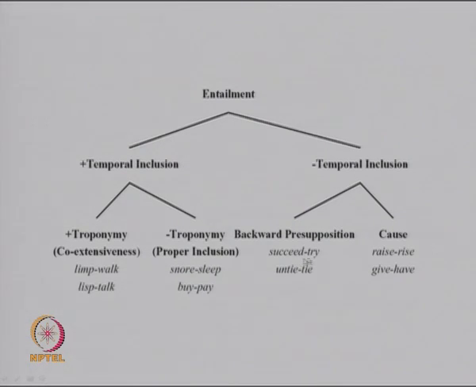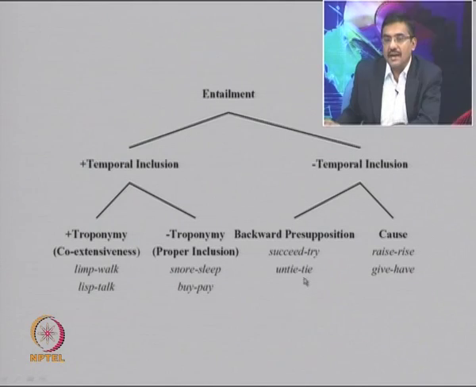So, success would mean that there was a phase of trying. So, this is backward presupposition. Similarly, untying and tying. If we say that you are untying your shoelace, that would mean that the shoelace was tied before. So, this is backward presupposition. Untying backward presupposes tying. So, this is not temporally included, but backward presupposition.